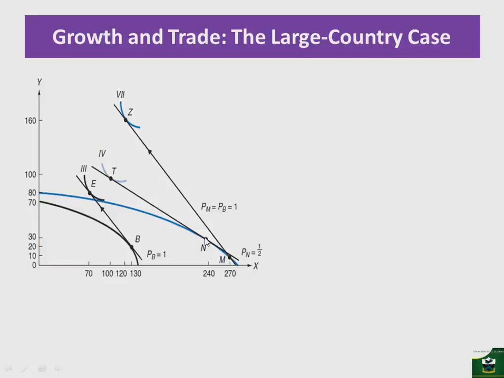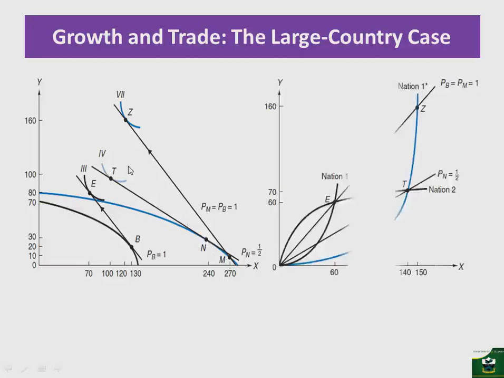So in pursuing the pro-trade, you will notice that the terms of trade will deteriorate, and if we assume that they force the nation to produce at point N, then the nation will end up consuming at point T. So we see that with that, the nation is able to expand the production and then go and consume at point T.